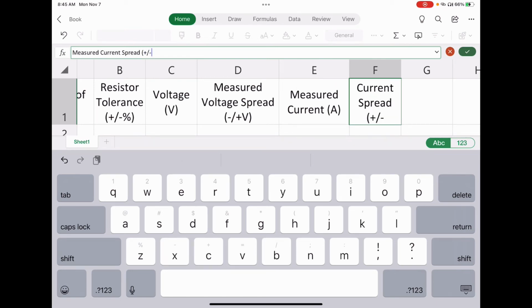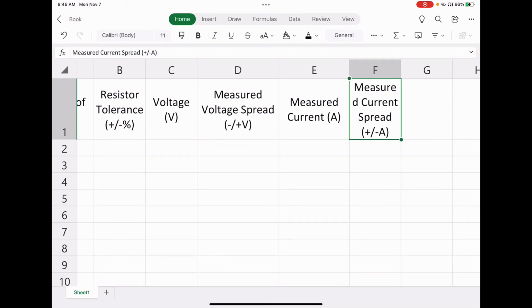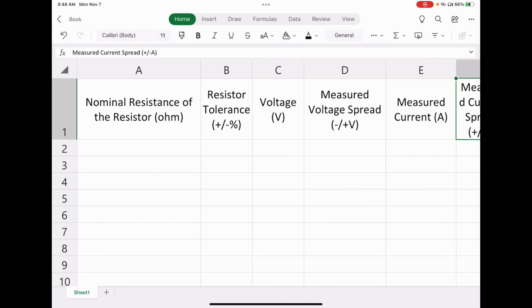And this is like the variation. It's like you have a mean and then you have a spread about it. Okay, and this is what this is going to represent. And this is actually in amperes. So I'm trying to distinguish it between percentage and amperes. We're going to produce a percentage anyway, when it comes to uncertainty calculations.